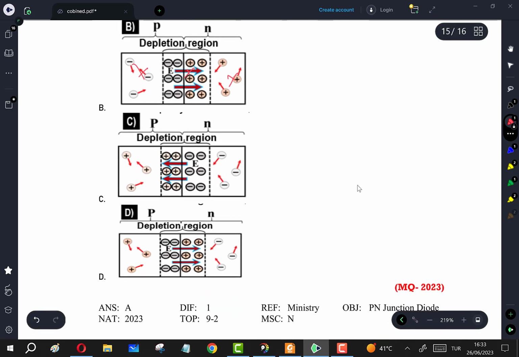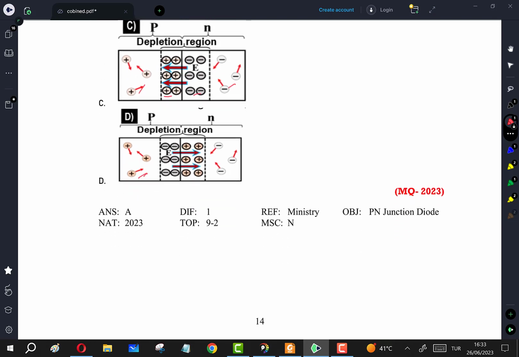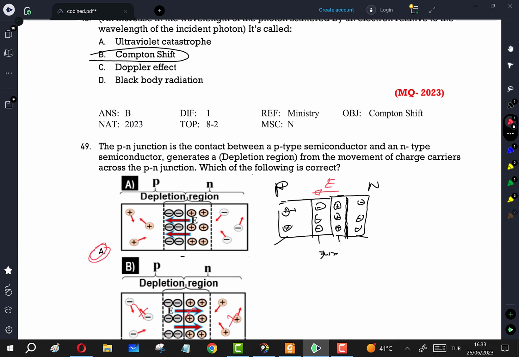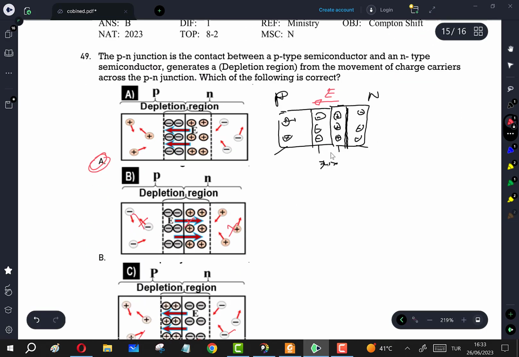Mobile charge position is wrong. In C, mobile charge position is correct, but fixed charge positions are wrong. Electric field position is correct. In D, mobile and fixed charge positions are correct, but electric field direction is wrong. So A is the correct answer for this question.